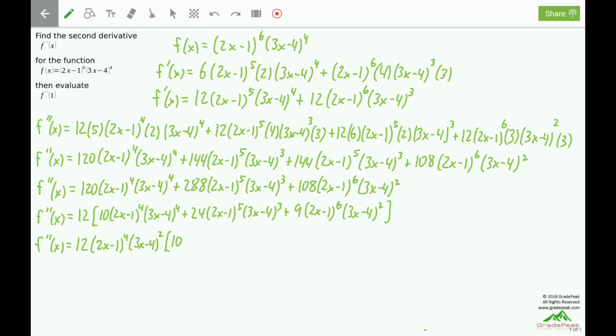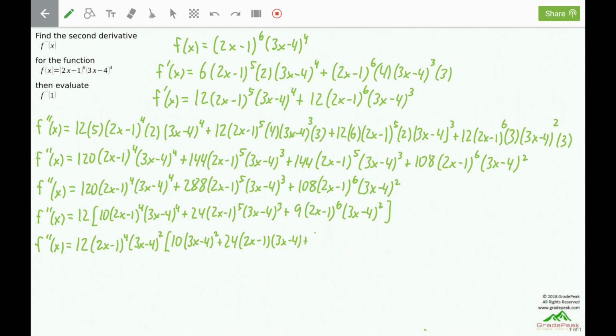And that means we will have a 3x minus 4 squared. We will have a 24 times a 2x minus 1 and a 3x minus 4.